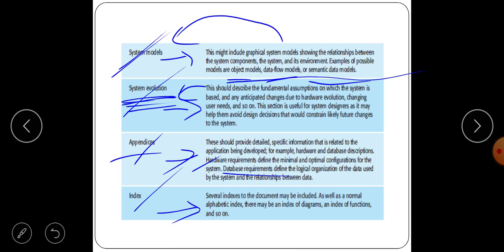After A, the technical words starting with B will be present, like that. That is the index. Here, the index to the document may be indented as well as normal alphabetical index. There may be an index of diagrams or an index of functions, and so on. Some index will be present at the last.